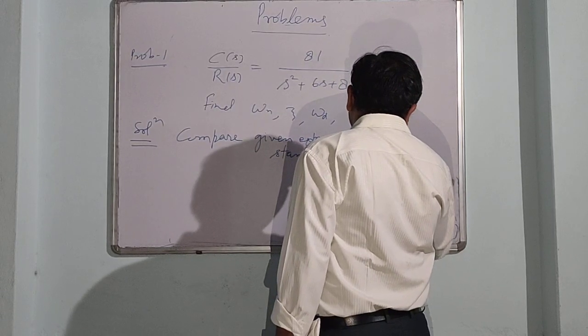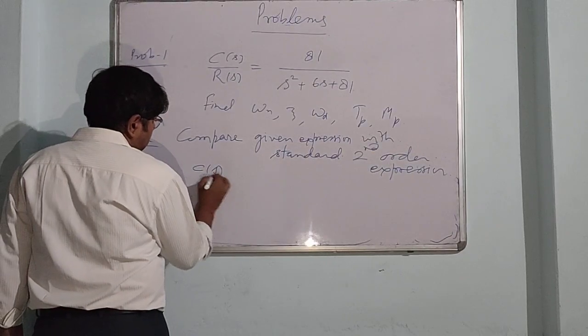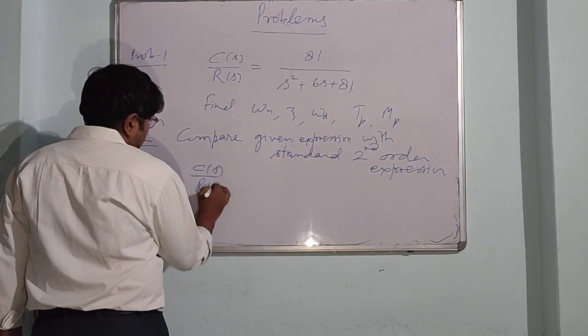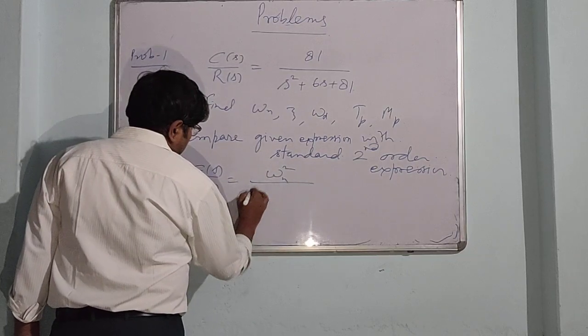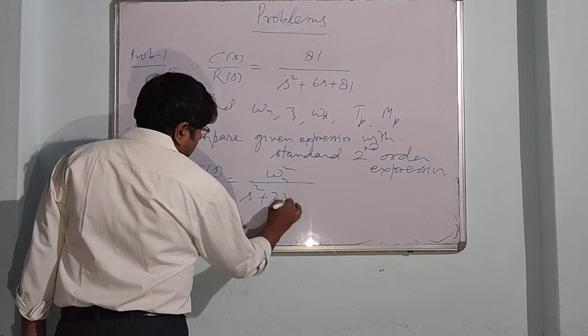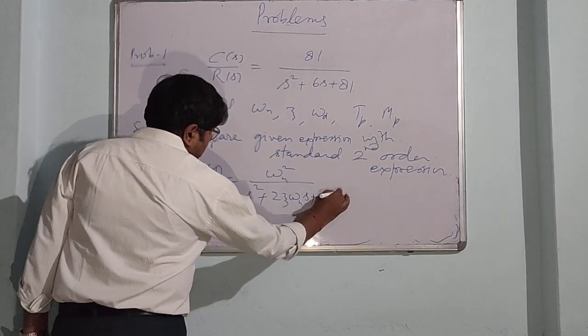So what is the second order expression? It is omega n square upon s square plus twice zeta omega n s plus omega n square.